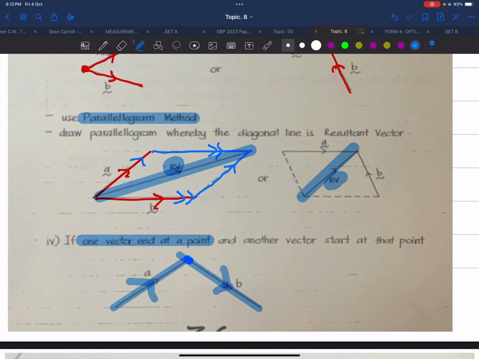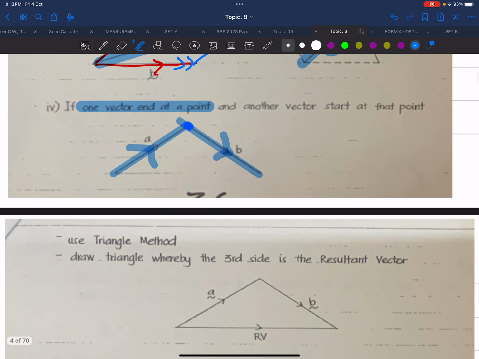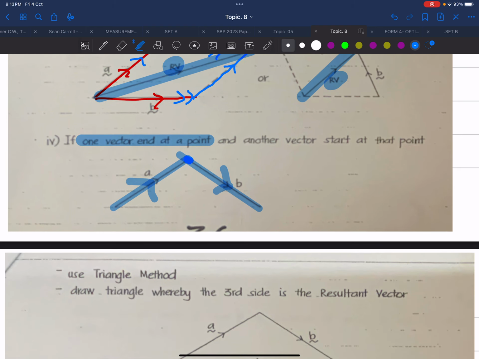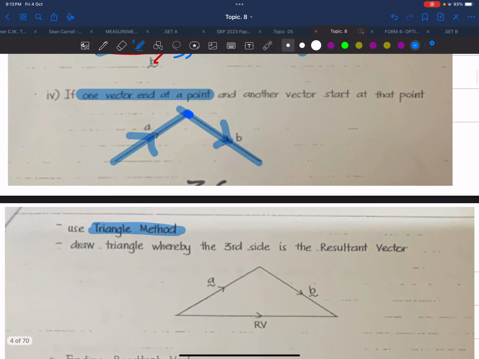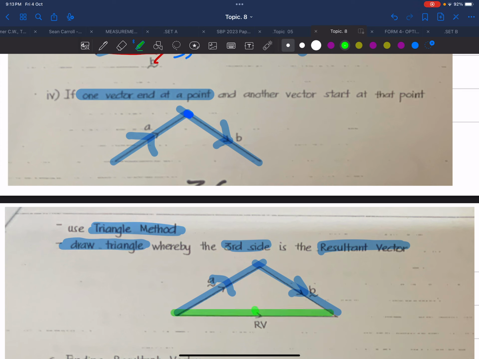Here, the method we are going to use is the triangle method, which is different. All you have to do, draw the triangle back. You see the vector A I draw, the vector B I draw back. The third side is the resultant vector. You start from the initial point, you end at the final point. So this is the resultant vector.